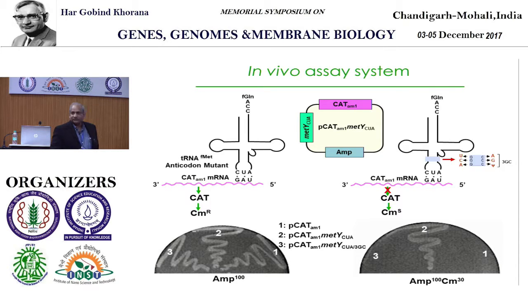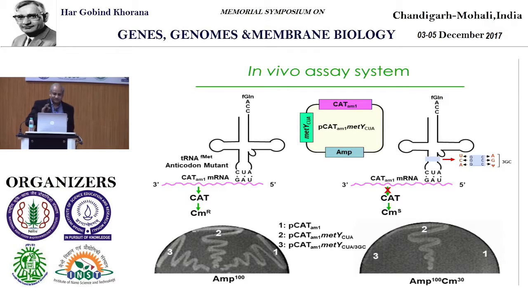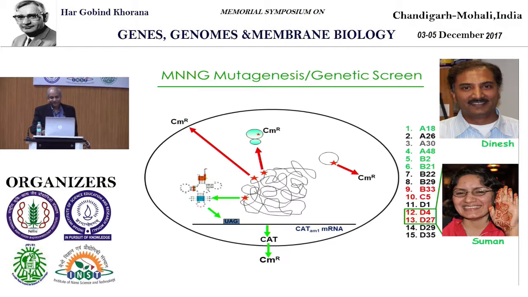Genetics nomenclature is somewhat strange. So when we say 3 GC, it really means here that this is a mutant, and it does not grow on chloramphenicol. So basically, the tRNA is not functional in initiation, and we of course know that the tRNA is aminoacylated and also formylated. It binds to IF2. Everything is fine. It just does not initiate.